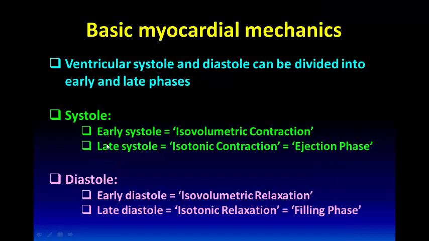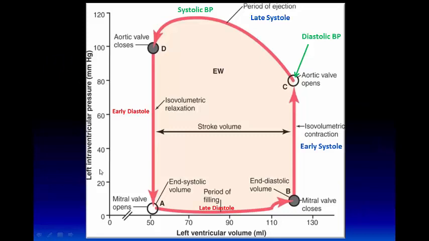So here again we have the left ventricular volume pressure loop showing the early and late systole and diastole. So this is the early diastole of the left ventricle, which coincides with the isometric relaxation phase, and this is the late diastole of the left ventricle, which coincides with the period of filling.